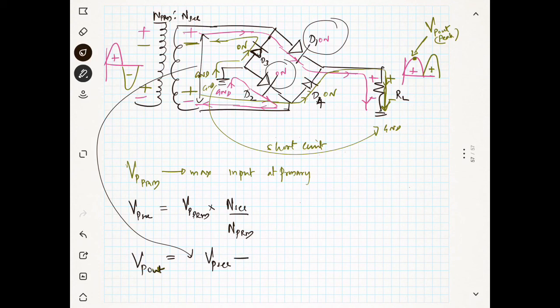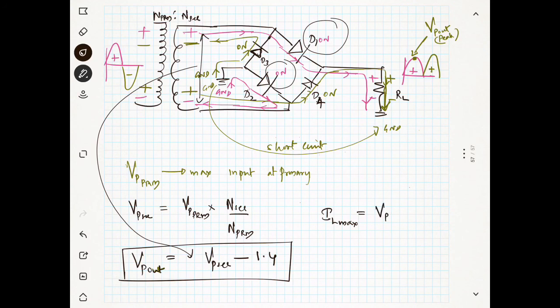So Vp secondary minus 1.4 will be Vp out. What will be the maximum current, IL max? It is the maximum voltage Vp out divided by RL.